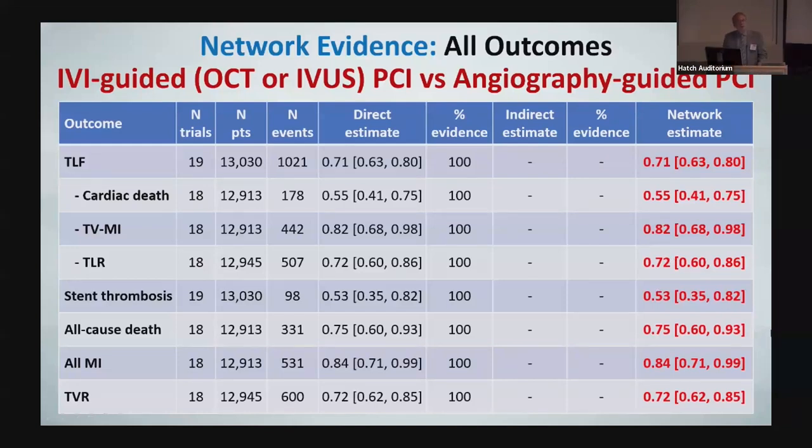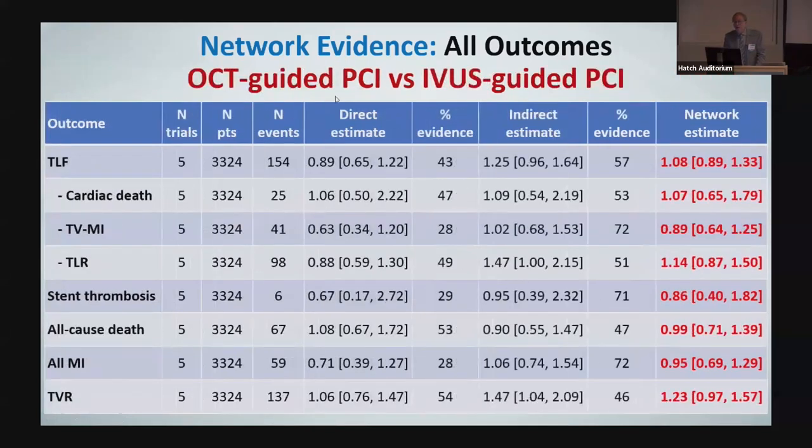And for the first time, we've been able to show a reduction in all-cause death and all myocardial infarctions just by using intravascular imaging compared to angiography-guided PCI to optimize PCI outcomes. When we compare OCT-guided PCI to IVUS-guided PCI, they're overall very similar. No significant differences in outcomes with either of those two techniques.